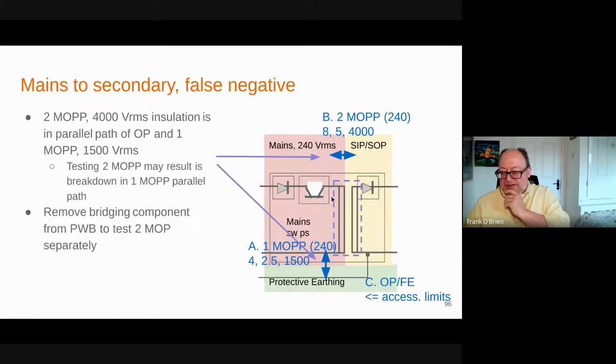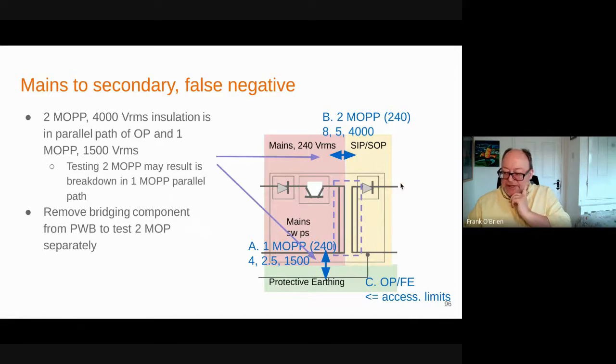If you think about it, you're trying to test this for 4,000 or 3,000. And what happens is the secondary is tied to earth, and there's a Y capacitor here. And so this is in parallel with this. And this is one means, because if this broke down, you have an earth, and the person touching it won't see a lot of current because the fuse is going to open.